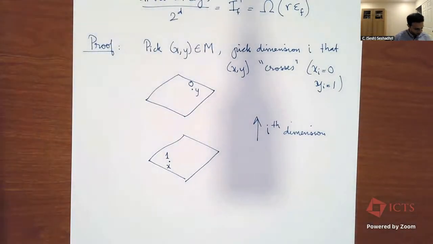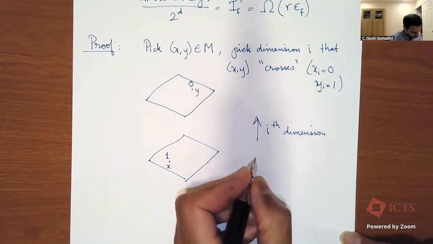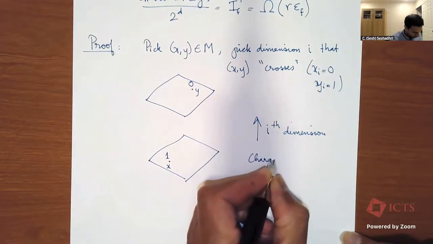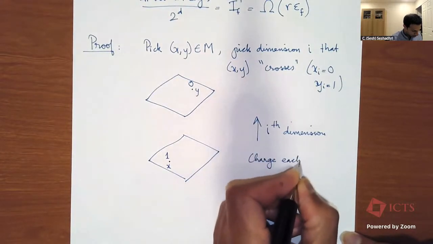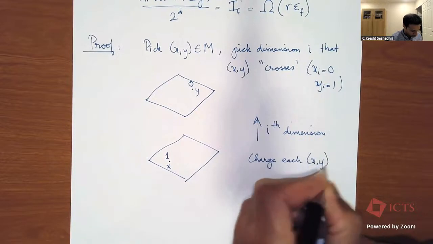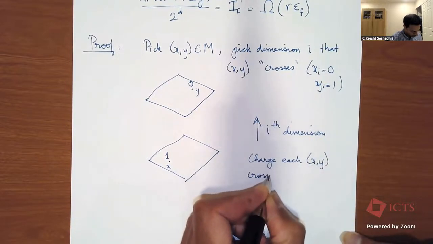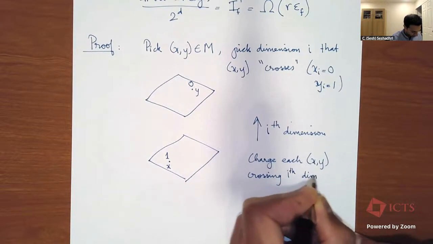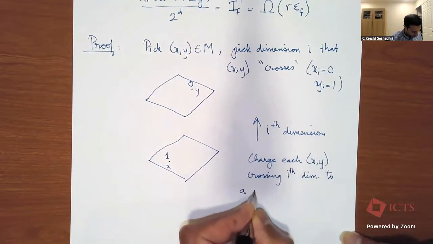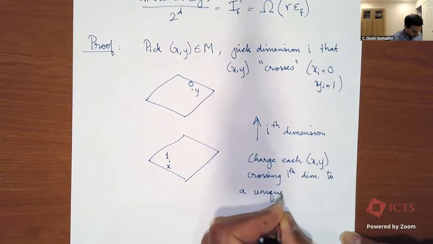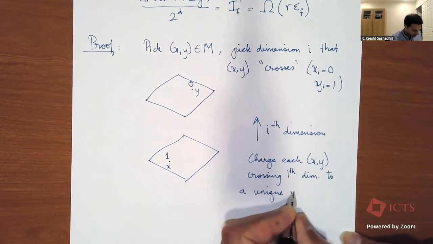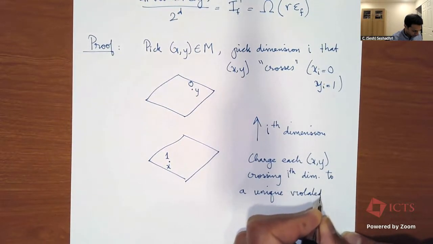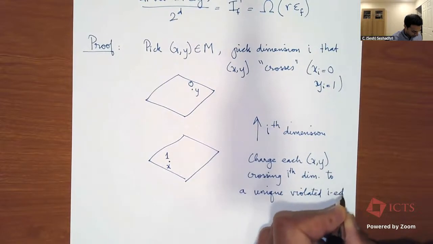Okay. Now what I want to do is I'm going to charge each xy crossing the ith dimension to a unique violated i edge.